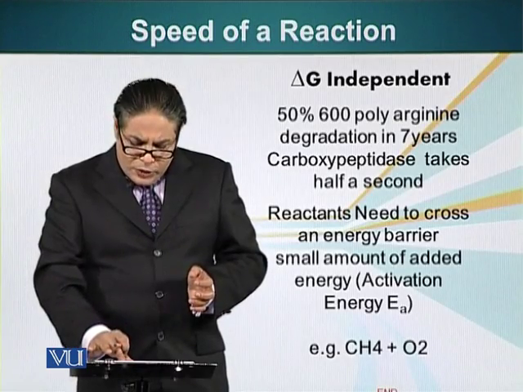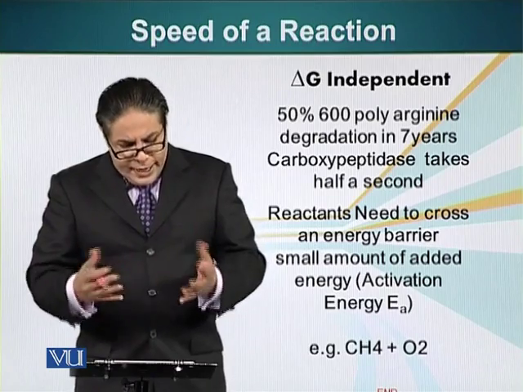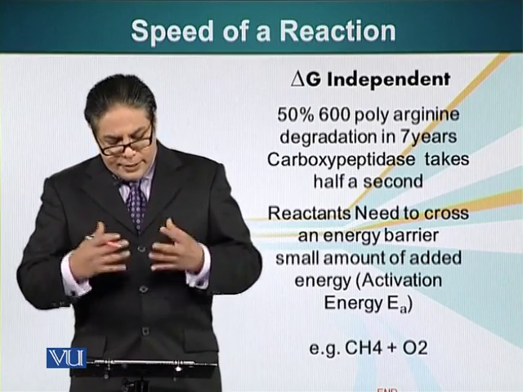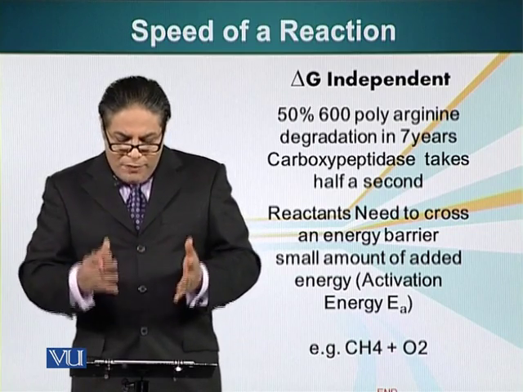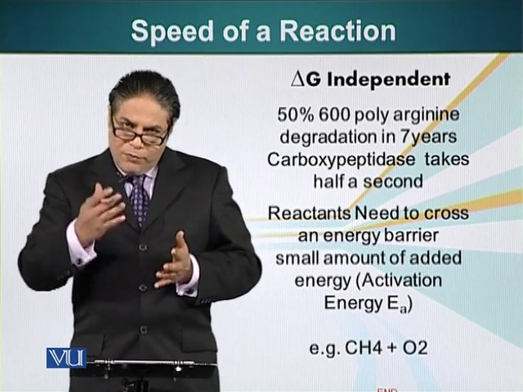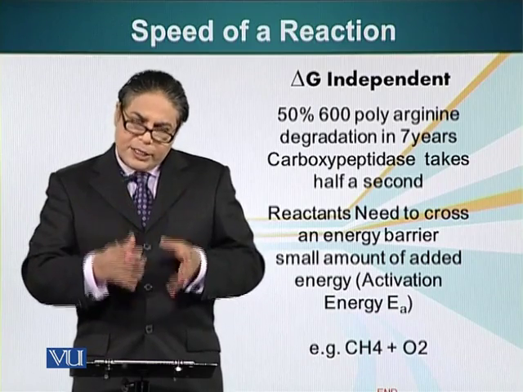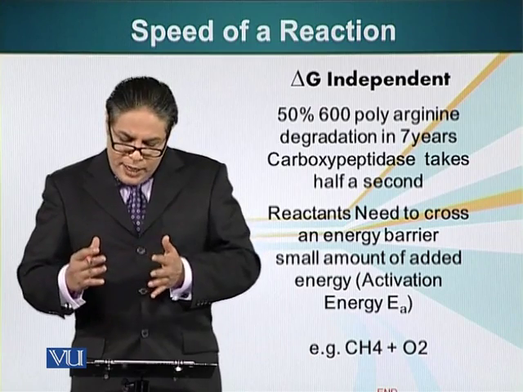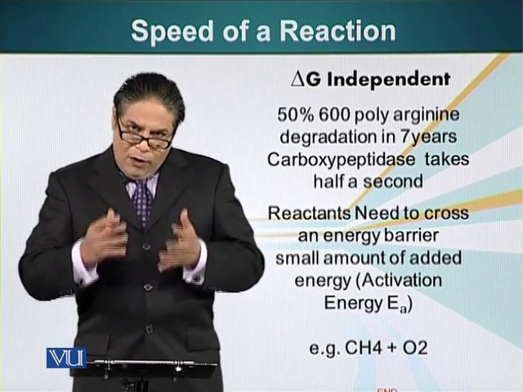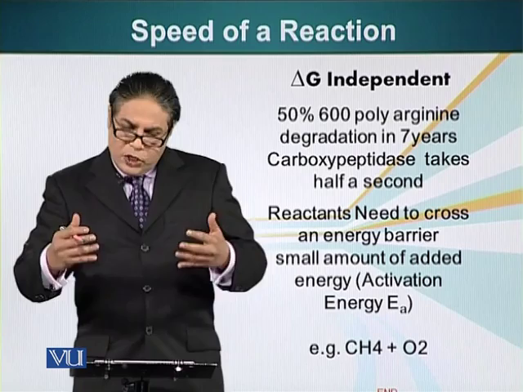Also, I would like to say that there are processes that although they release energy, they do not occur. For example, if we have 600 polyarginines, we have talked about amino acids, arginine is an amino acid. If we make a protein of arginines, 50% of the polyarginine will degrade.